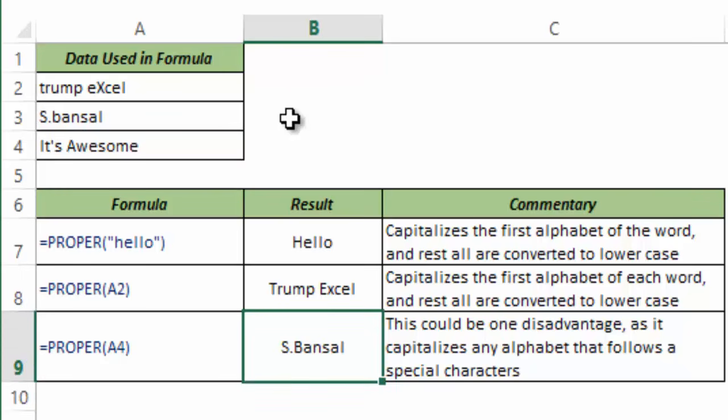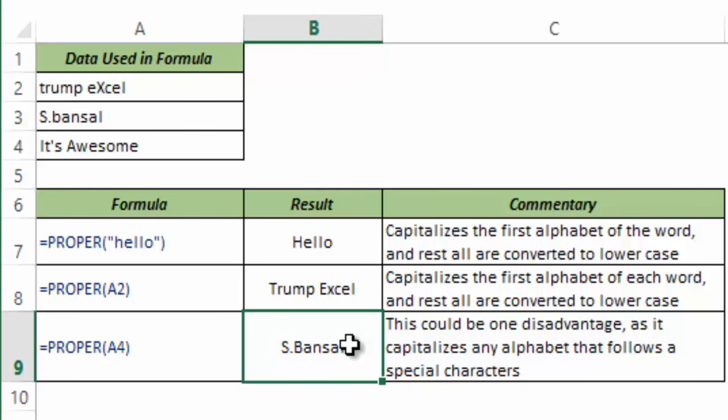Now you may say that this looks like a single text, there are no spaces, so how can Excel determine that Bunsel was a new word? In this case, this function works by converting any character that follows either a space or a special character. So in this case, this dot is a special character, and hence it converted S as capital, which was already capital, and B it converted into uppercase.